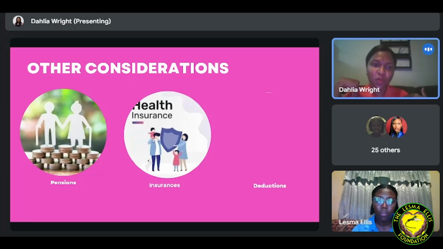That is not a plug to go and get Sagicor. That is a plug to go do your research on which one is best for you and make a decision accordingly. So those are the two options. Either go through your employer, which is the most recommended, or if they don't have one, then you go and get a private pension.